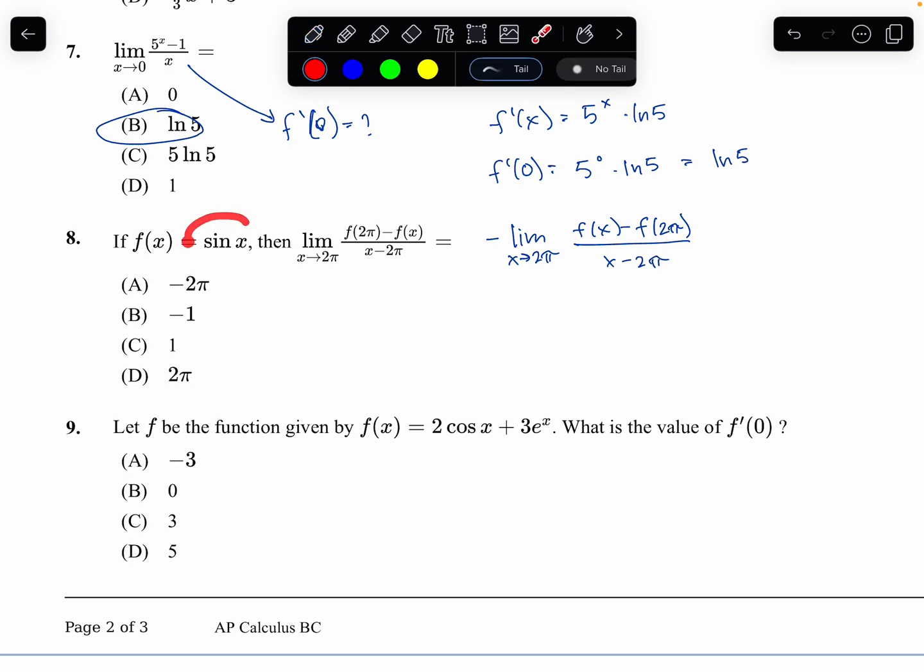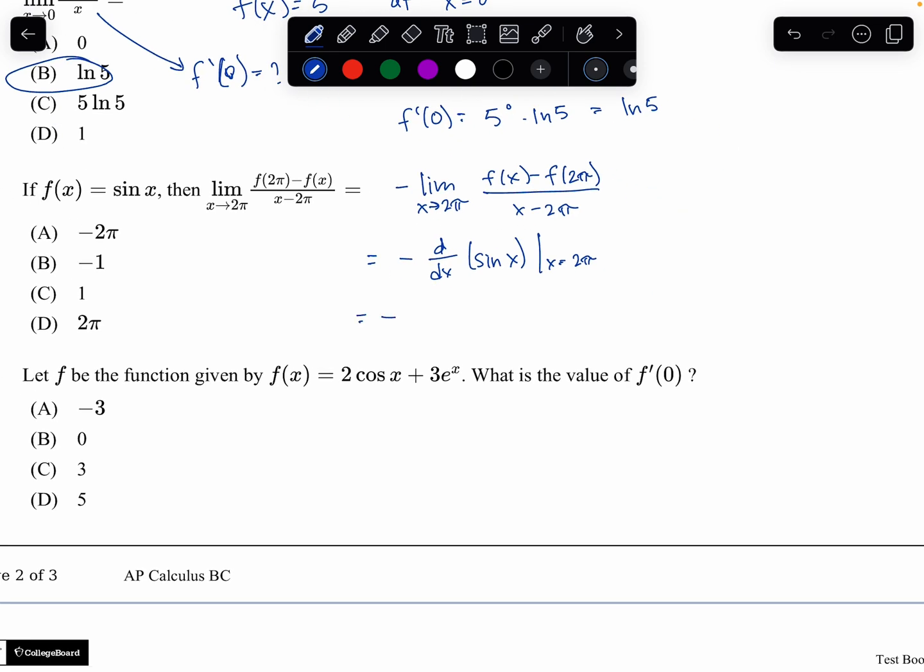So this is the function, and we're taking the derivative at 2 pi, but also notice that we're negative. So this is saying the same thing as negative d dx of sine of x at x equals 2 pi. That's what we're doing.